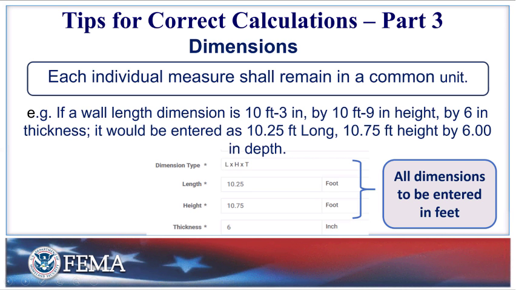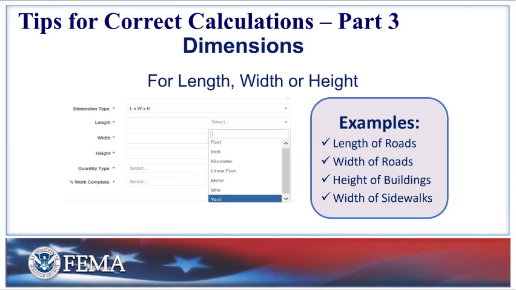In order to convert the inches into feet, we would take the 6 and divide it by 12, since there are 12 inches in a foot, and that would give us our measurements. So dimensions for length, width, or height: we're talking about length of roads, width of roads, height of buildings, width of sidewalks. We have our length times width times height here, as shown on the slide.